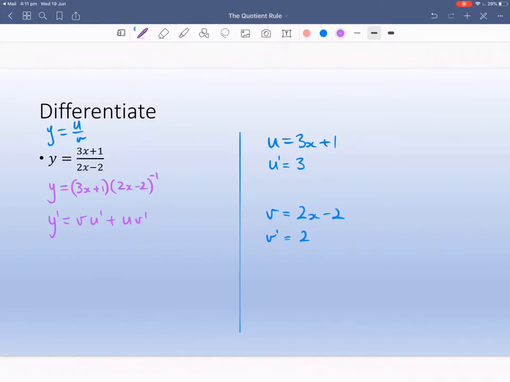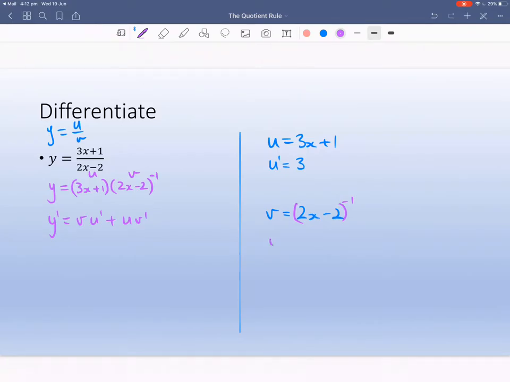And in actual fact, I've missed something because I'm doing it this way. We've changed things around, so this is to the minus 1, because this is u and this is v now.